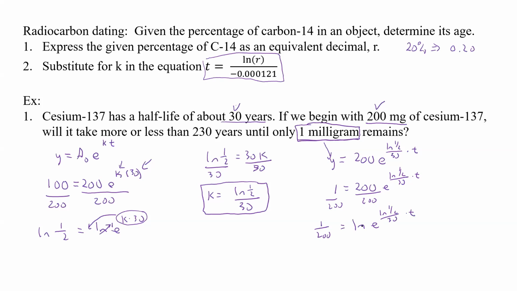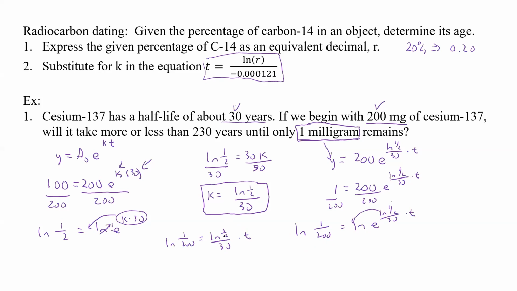And again, take your ln of both sides. Then this whole piece up here comes down in front. The ln of e just goes away. It's just 1. And so then what I have is, now I'm probably going to run out of room, ln of 1 over 200 equals ln of 1/2 over 30 times t.